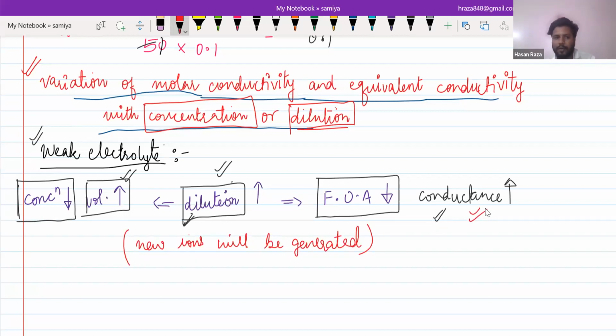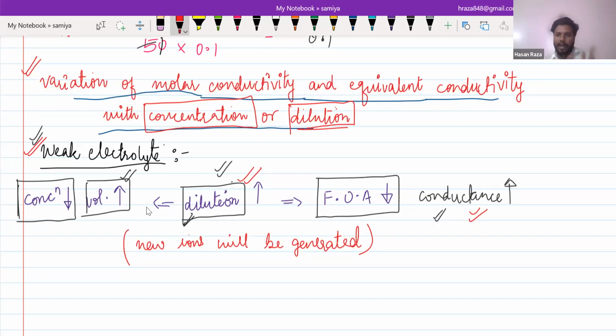Now what I want to say is that in weak electrolyte, generally 5% ions are dissociated. But if you dilute it for a longer time, that means volume increases, particles are very far away from each other, that means force of attraction is very low. So new ions will be generated, that means it will be dissociated. If initially it is dissociated 5%, then finally if you dilute it, it will be dissociated 10%.